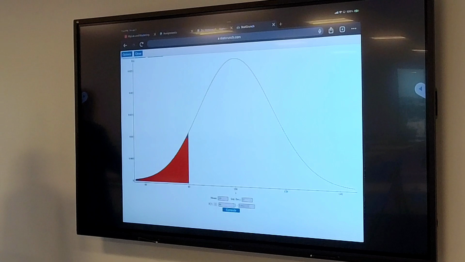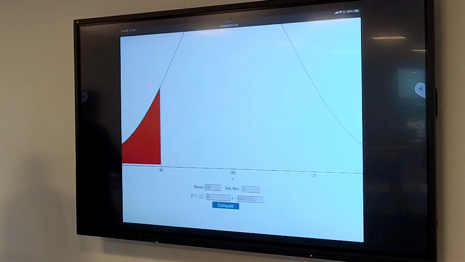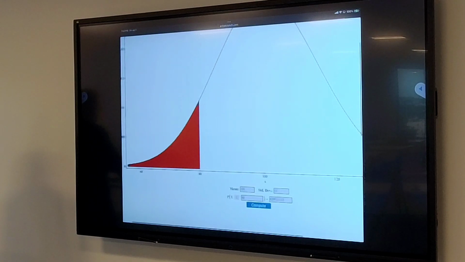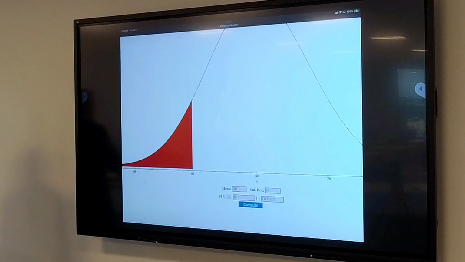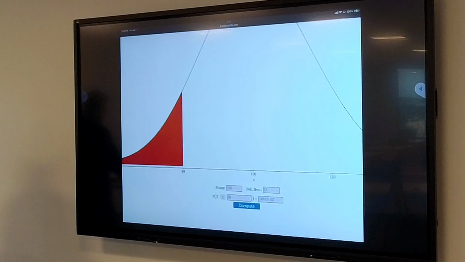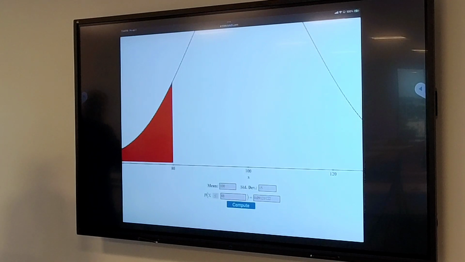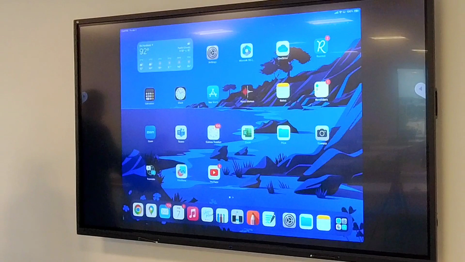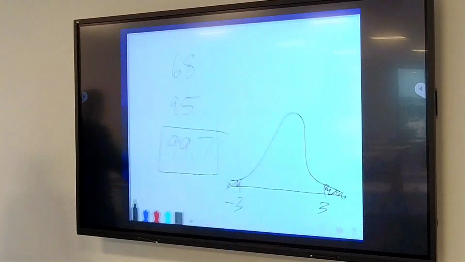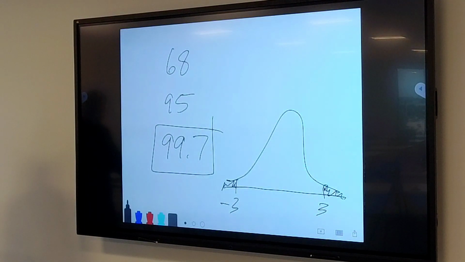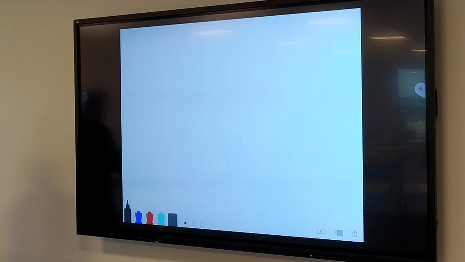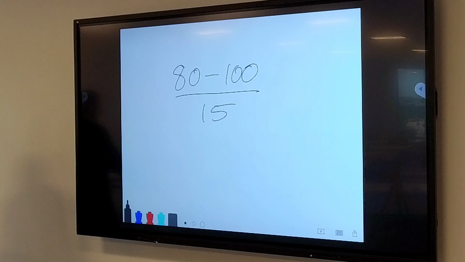Isn't IQ 80 like bad? Well, it's on the lower side, right? That's a great question. Is it bad? All you would want to know is how many standard deviations away from the mean it is.